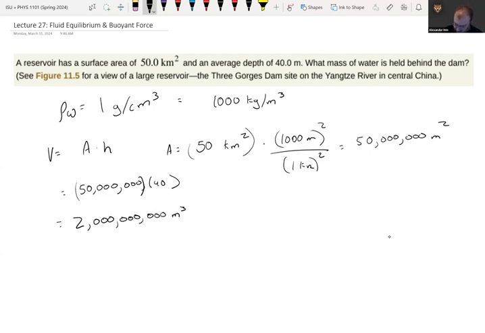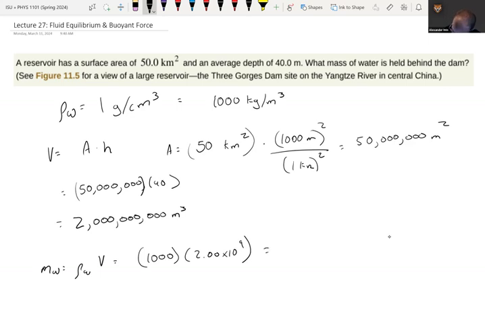And then the mass of the water would be the density of the water times the volume, which would be 1,000 times 2 billion. I'm actually just going to replace this and we're going to do 3 sig figs. 2.00 times 10 to the 9th.